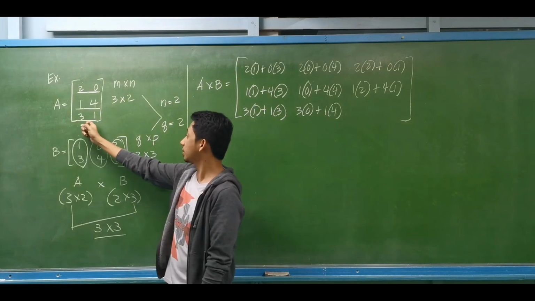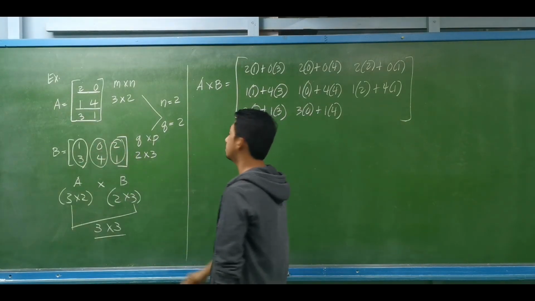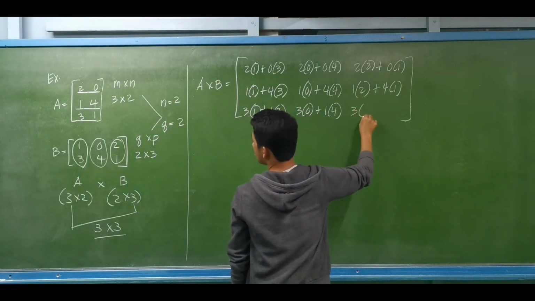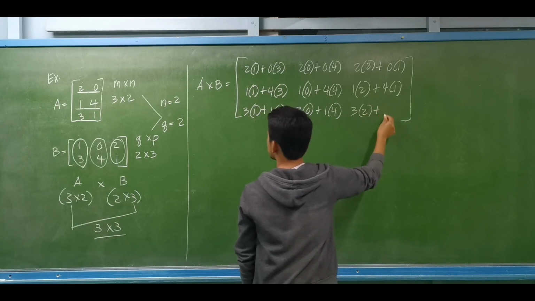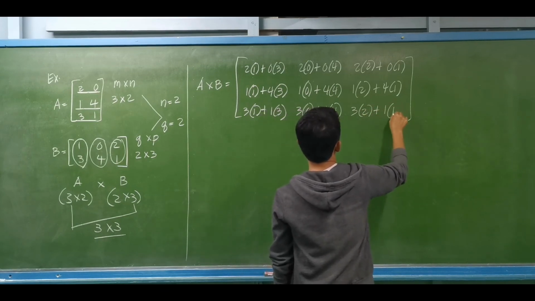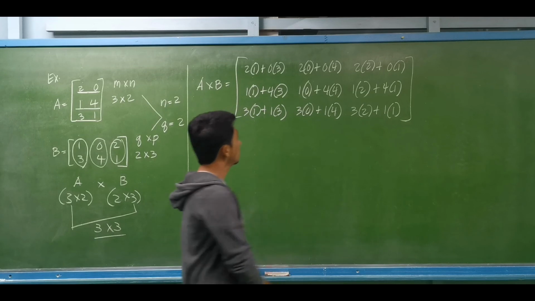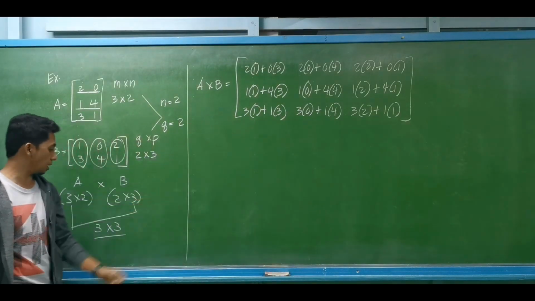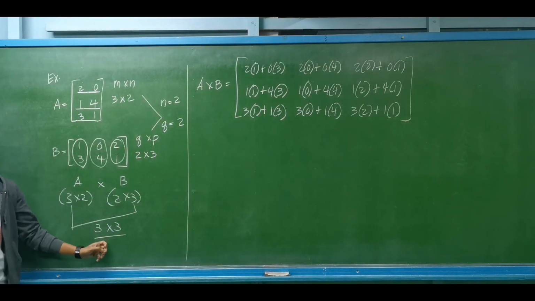Then the third row to the third column: 3 multiplied by 2 plus 1 multiplied by 1. As you can see, the resulting matrix is a 3 by 3 matrix.